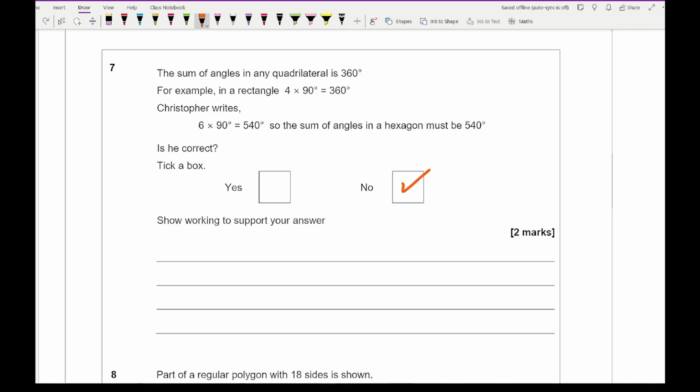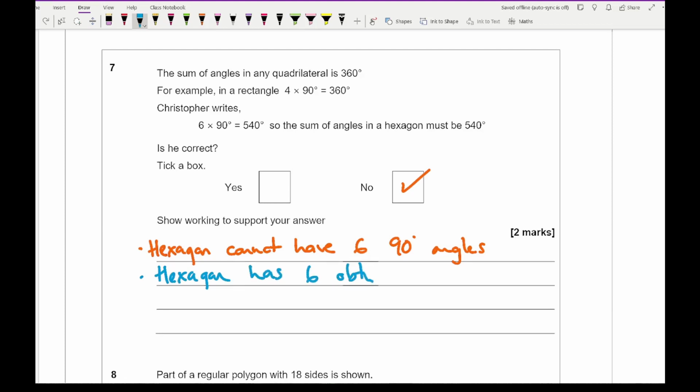Now, there's a couple of reasons which we could write. And again, remember that your answer for no needs to be backed up with a correct reason. If you just tick no, you're not going to get 1 mark, so make sure you're writing a valid reason. You could say something along the lines of that a hexagon cannot have 6 90-degree angles. You could also say that a hexagon has 6 obtuse angles.